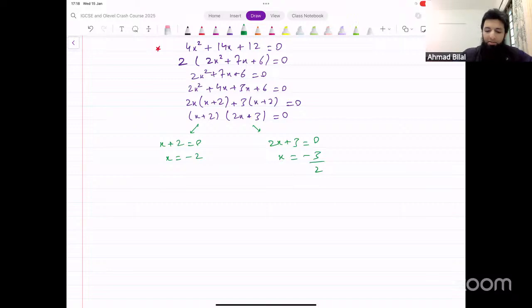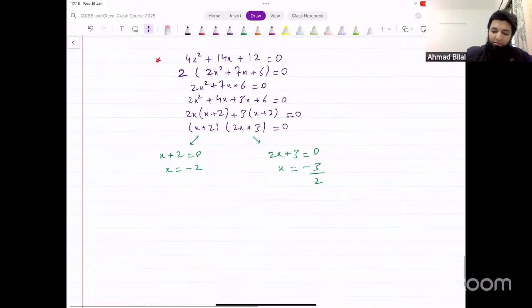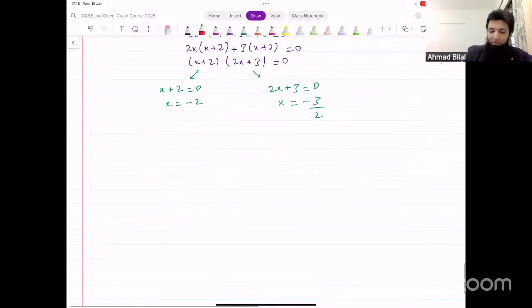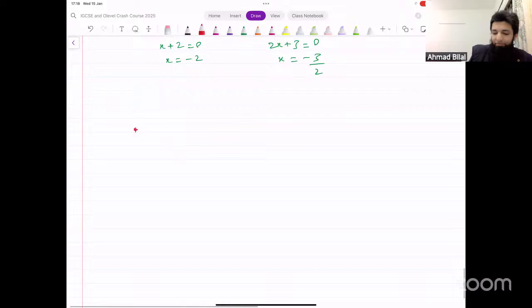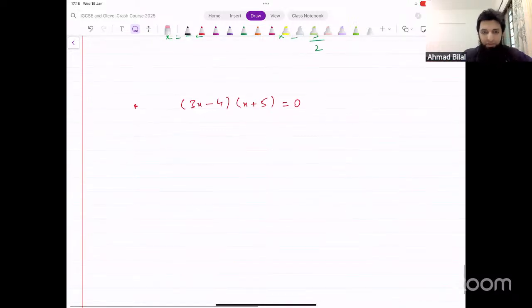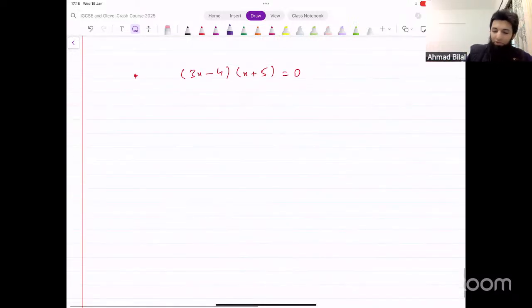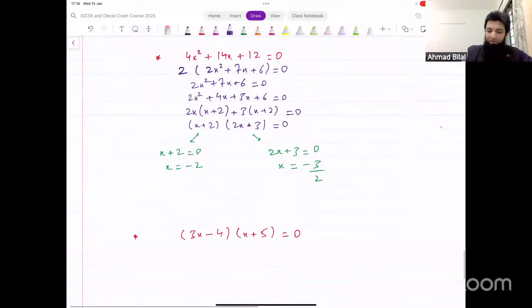All right. Sometimes you get the factorized form directly in the question as well. So you could have, for instance, 3x minus 4 into x plus 5 equal to 0. And they might ask you to solve this equation. Now, how do you solve this equation? You've got the factorized form already, so they've given you this form already.